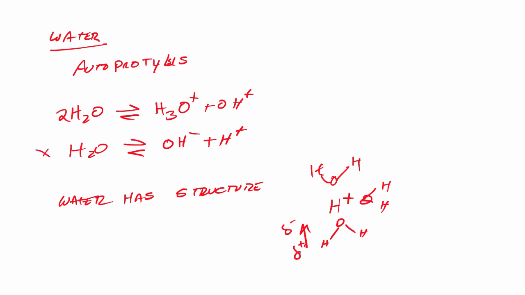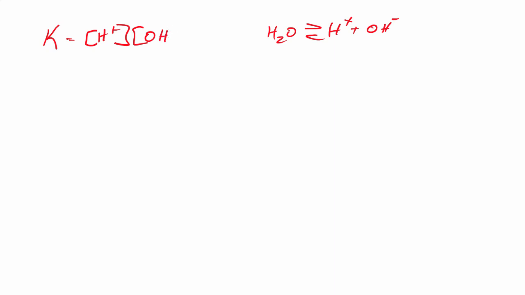But I'm going to focus on this at this moment because we can set up an equilibrium for this reaction. The reaction is H2O going to H+ and OH-. So we have this equilibrium constant, and we have the products H+ and OH-.